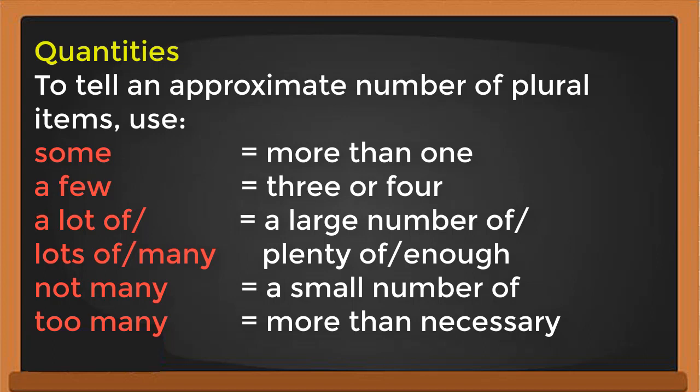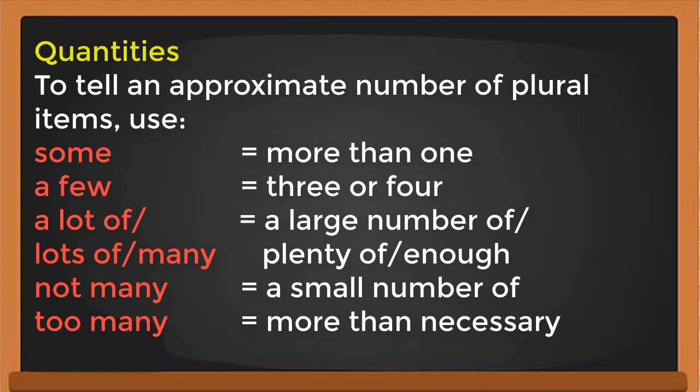You can also use a lot of, lots of, or many. Many is a large number. We don't know how many, but it's a large number, plenty, enough. And then not many is a small number. If you say you don't have many, it means you only have a small number of them.